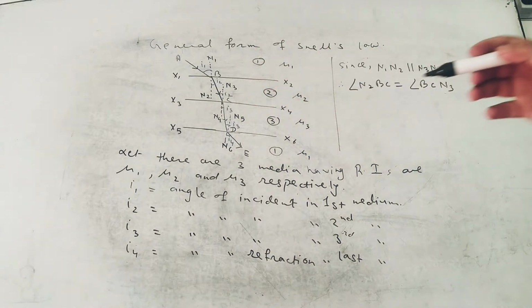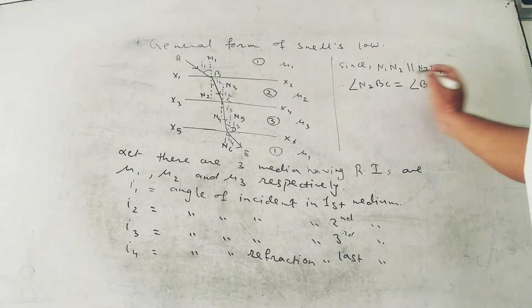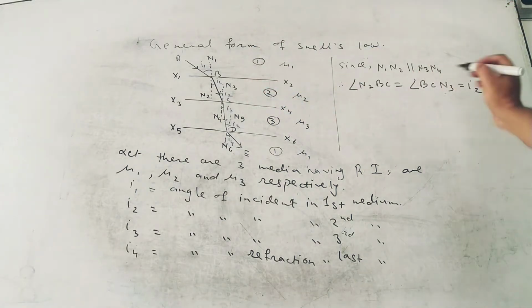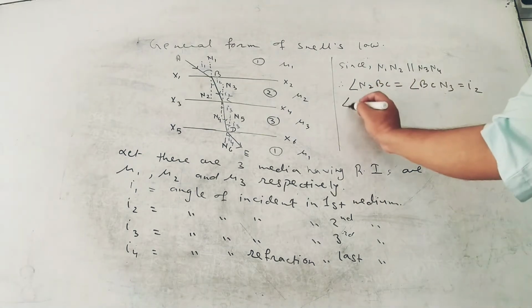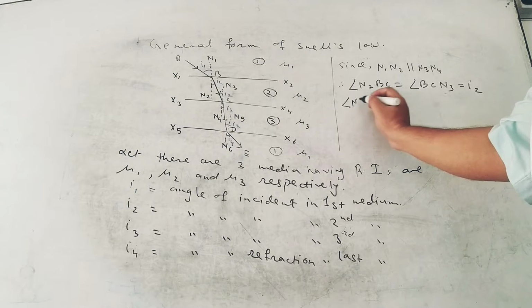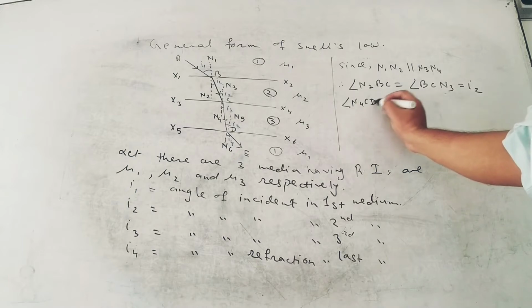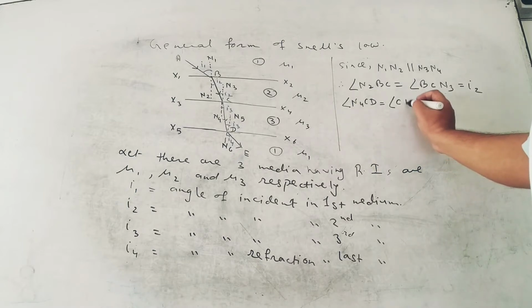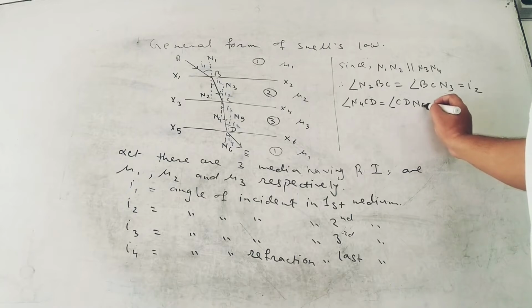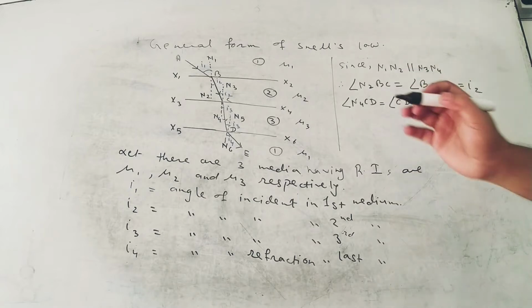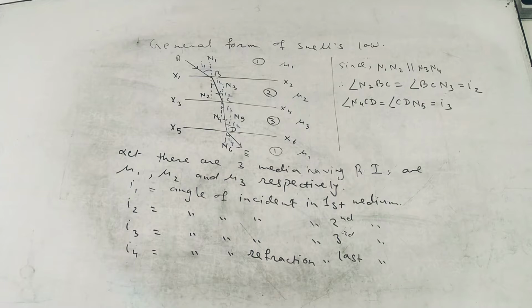Angle N2BC is equal to angle BCN3, and this is equal to angle I2. Similarly, we can write that angle N4CD is equal to angle CDN5, which is equal to angle I3.